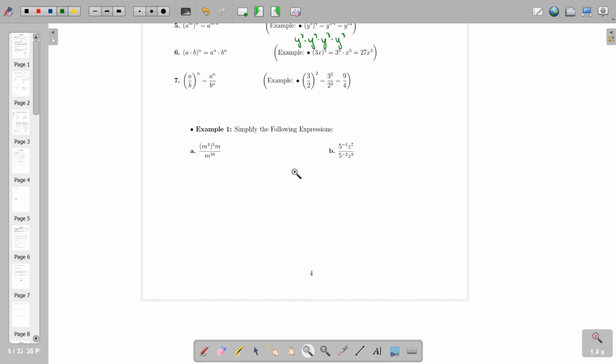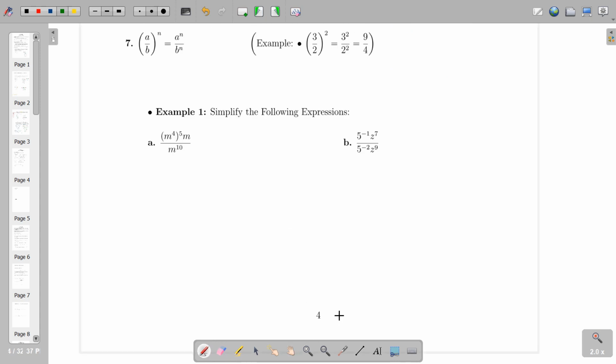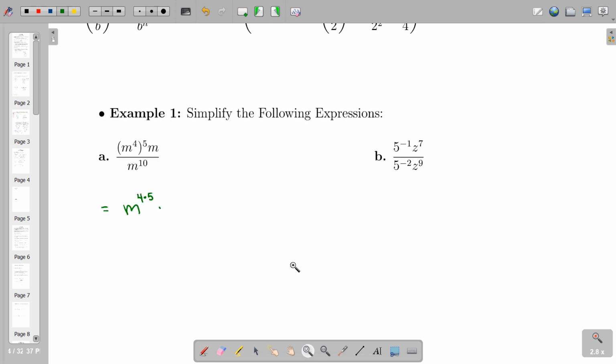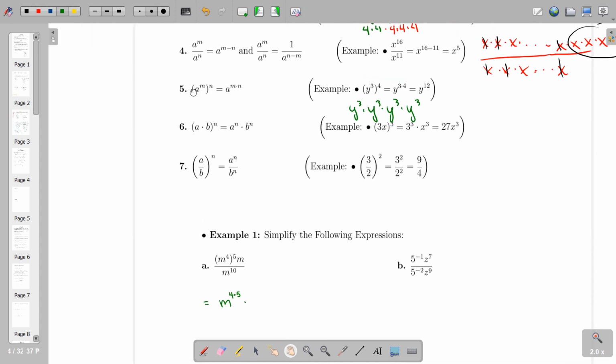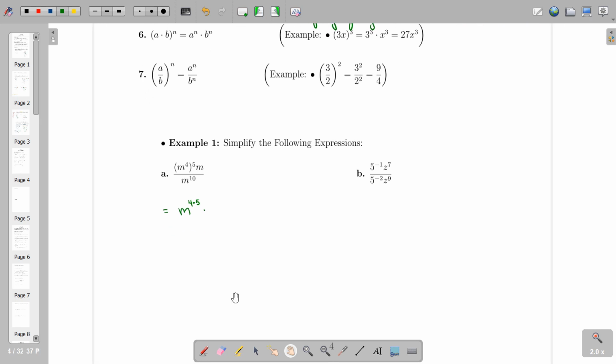So let's zoom in a little bit here and work on these two. I want to write these as simply as I can, so what I want to do is identify the different properties that I'm seeing. I see m to the 4th to the 5th. Right off the bat, I know that I'm going to multiply 4 times 5, and I'm using property number 5 there. Now, when I just see an m here, you might find it helpful to recognize that's m to the 1st power.